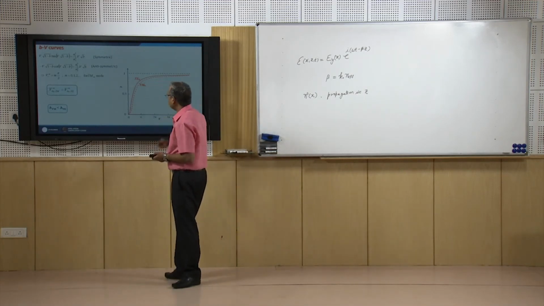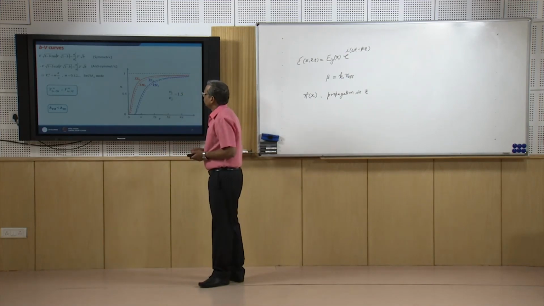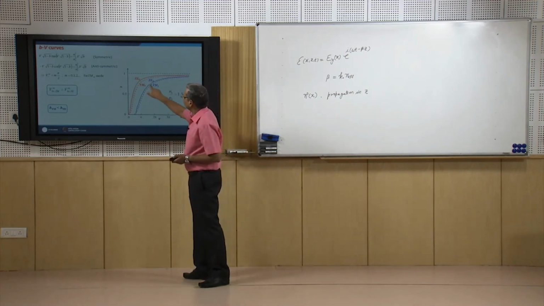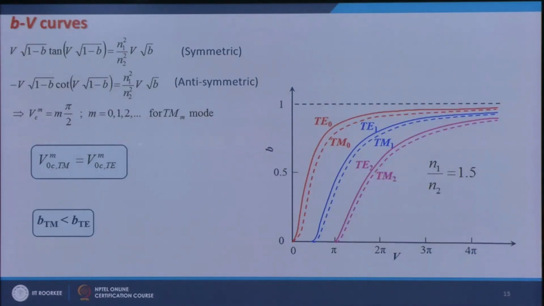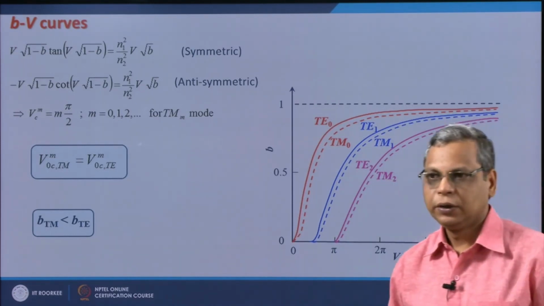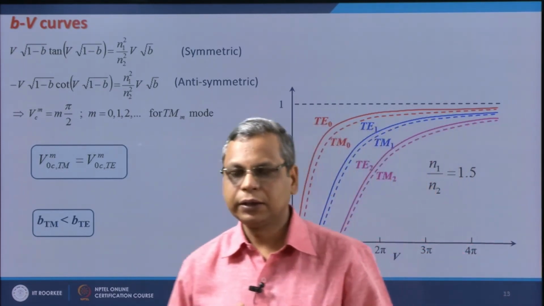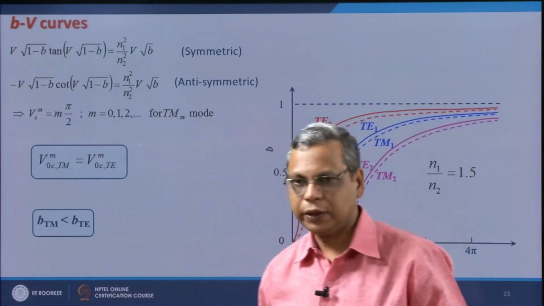So, it will go like this. For m equal to 1, this would be TE1 and this is TM1, similarly TE2, TM2. Again, these curves are universal for a given value of n1 over n2. So, here I should also take care what this ratio n1 over n2 is.